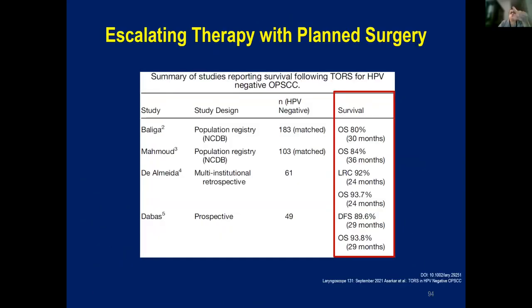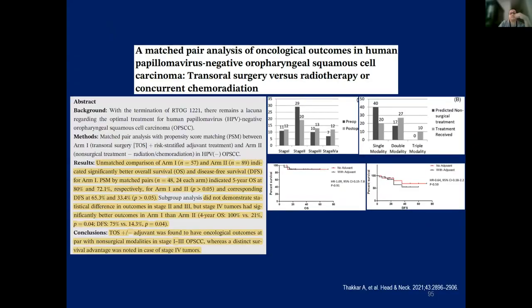Or we could also escalate therapy with the addition of surgery. And these are a few trials that have actually shown that the insertion of surgery into this paradigm or the protocol may actually improve outcomes. This is the analysis recently published data from AIIMS.